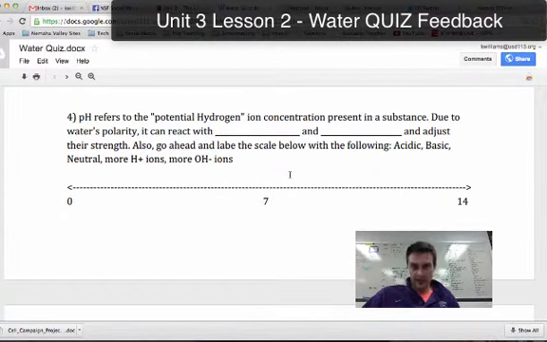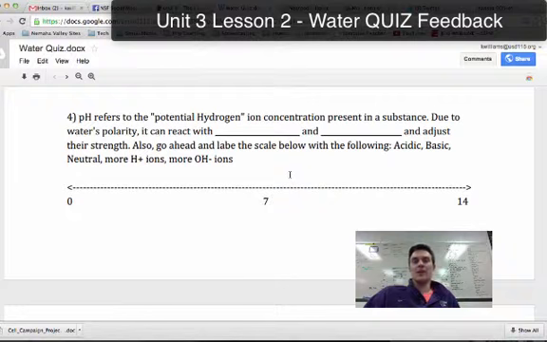Towards the 0 end, you need to have the word acid or acidic, and you also need to have more H plus ions, hydrogen ions. Towards number 14, you need to have basic, and you need to have more hydroxide ions. That's what that OH minus means. And 7 is neutral. That's where water resides.